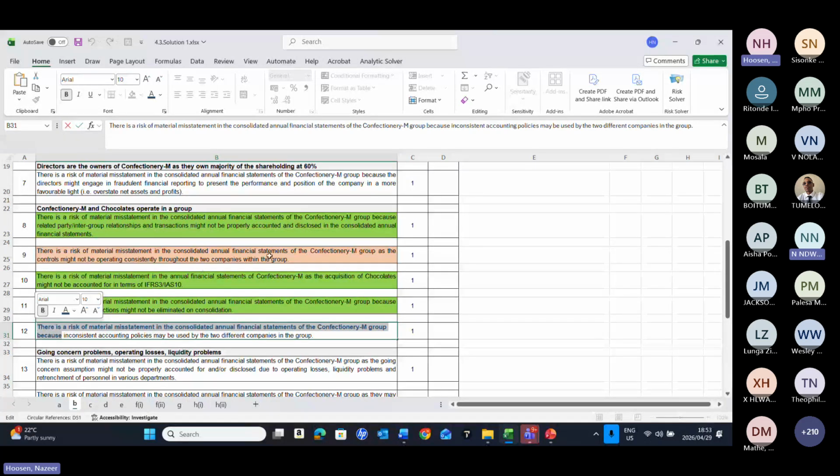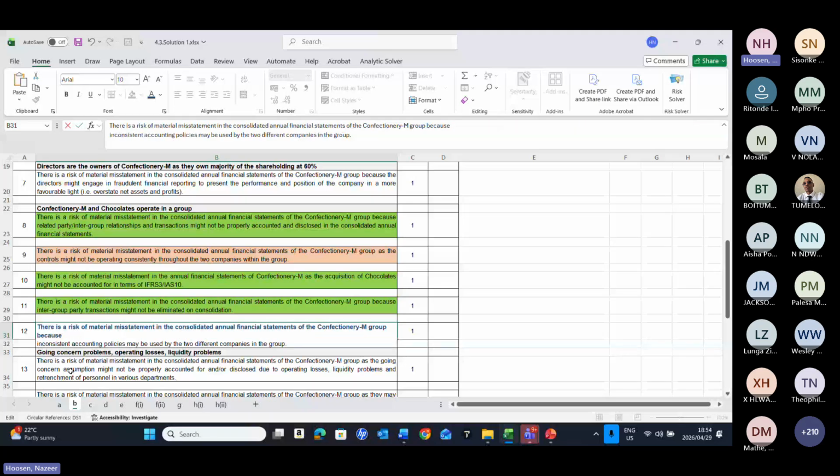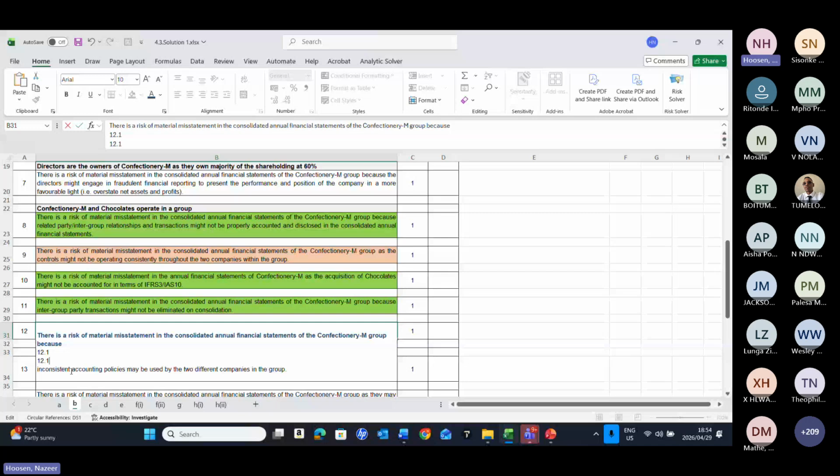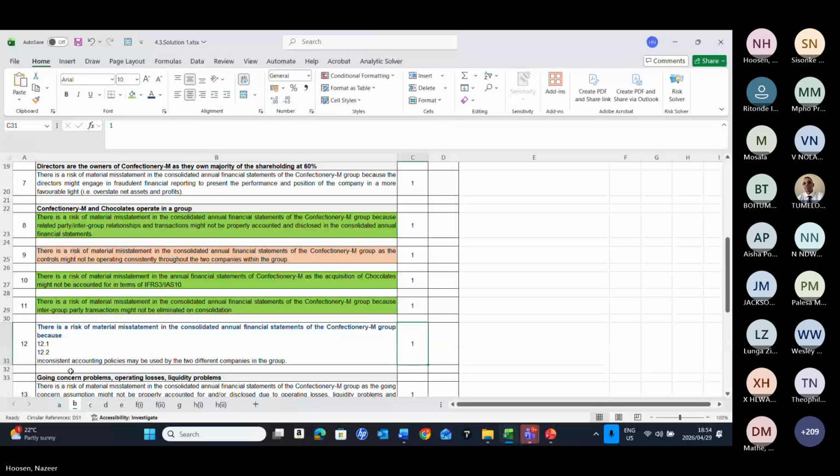So what you could do is have just that one "because", and under "because" you could have separate points. For instance, you could have 12.1, 12.2, etc., and list your points as such.